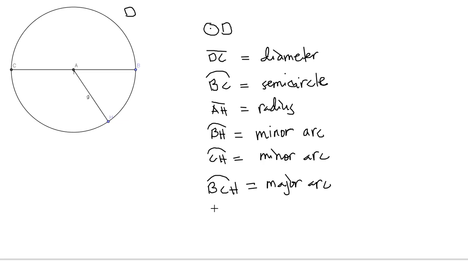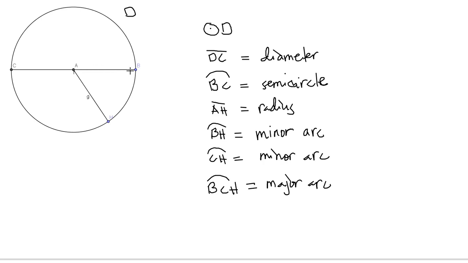And then we have also another, BCH. That's our major arc. We have the diameter, we have the semicircle, the radius, the minor arc, the major arc.